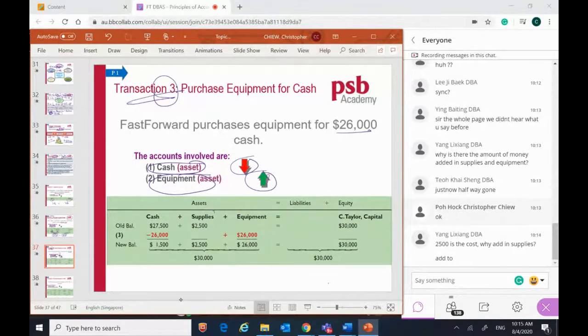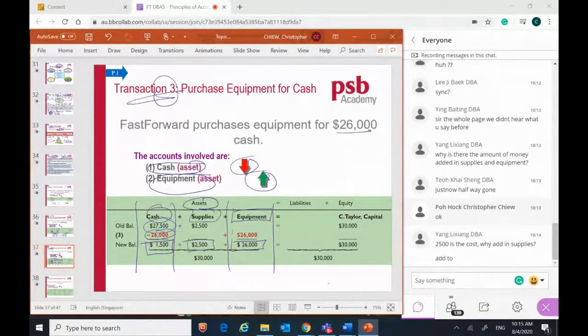So now under assets, we have 3 kinds of assets. Cash, 27,500 minus 26,000, I'm left with 1,500. Supply is still there, 2,500. Now we have a new asset called equipment. The equipment is worth $26,000.